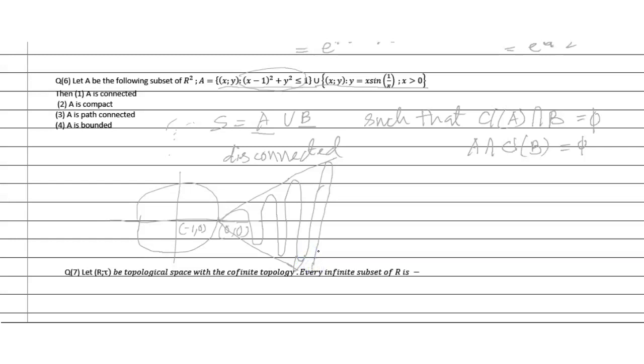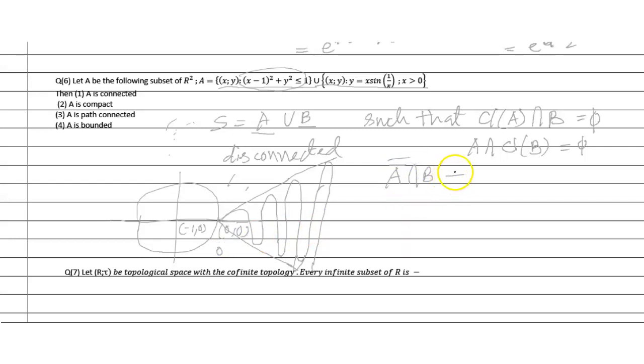So friends, whatever you see, A bar intersection B is the limit point. So the limit point is 0.